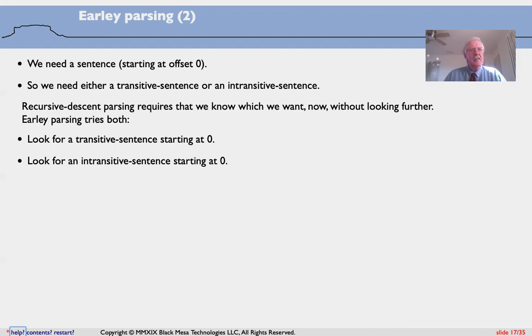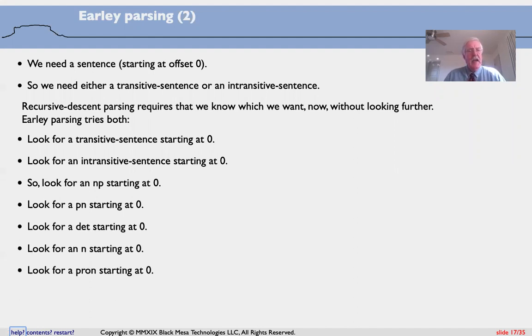And also look to see whether we can find an intransitive sentence starting at 0. The rules for those, in turn, tell us that they begin with a noun phrase. So let's look for a noun phrase starting at offset 0, which leads us to look for a personal noun or a determiner or a noun or a pronoun, all starting at 0.